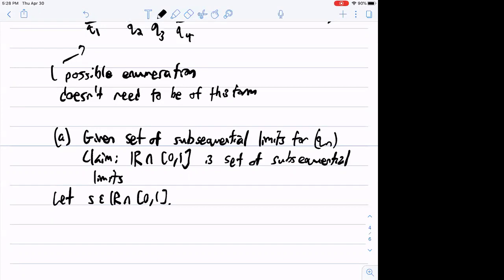And basically I need to find a subsequence of Qn that converges to S.